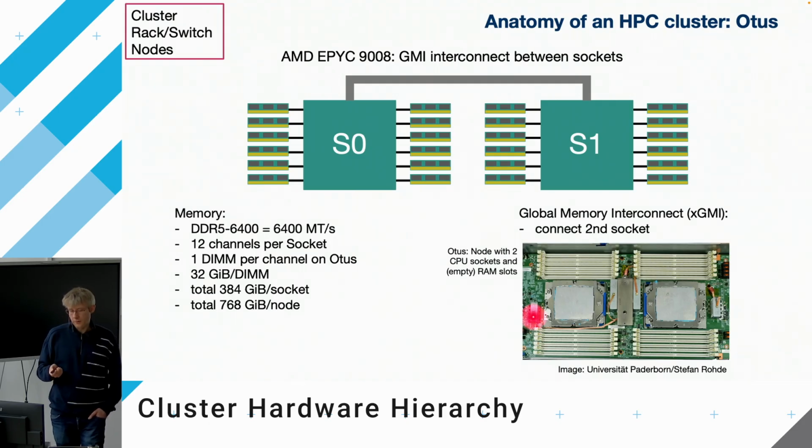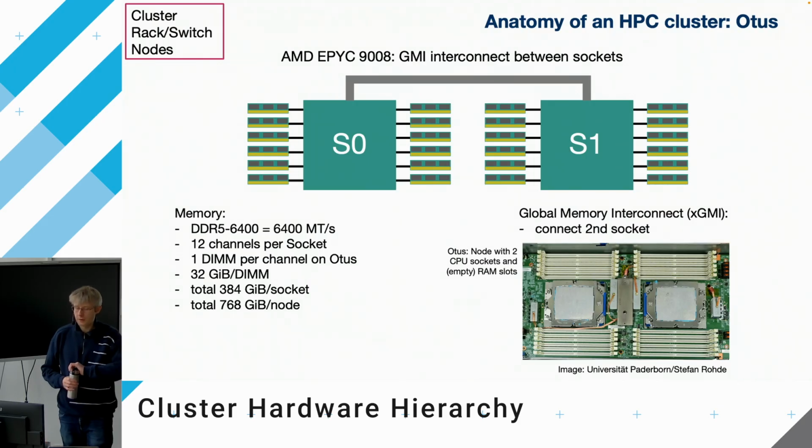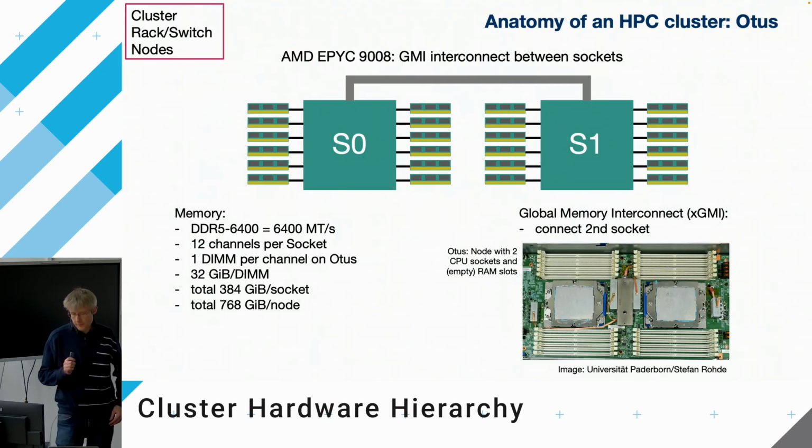The CPUs on Noctua 2 also have fewer memory channels, and a little bit less main memory than on Autos. But conceptually, it's very similar. There are also two CPUs per node. But as we will see, for the CPUs themselves, there are still many differences.